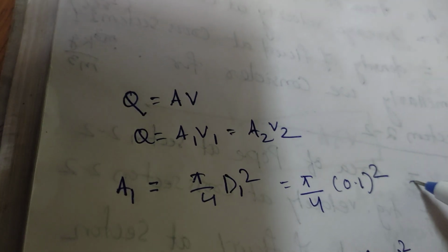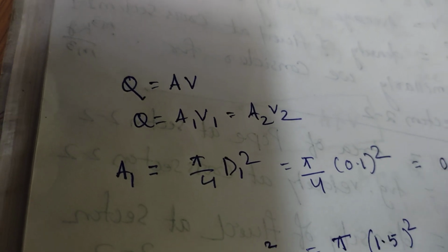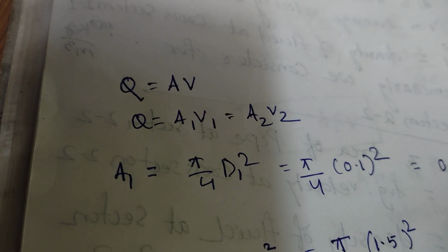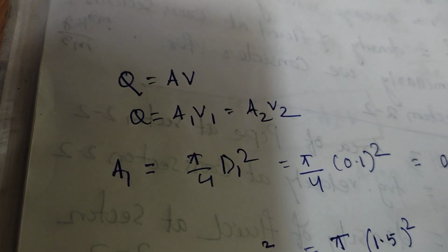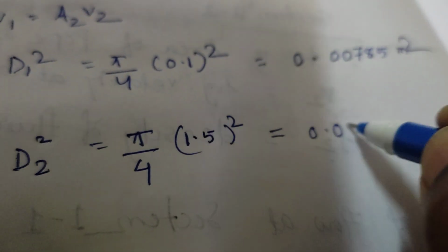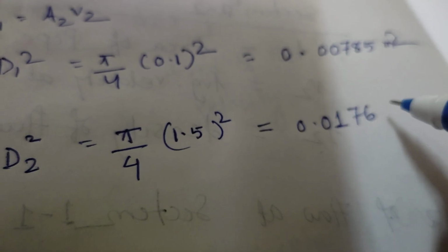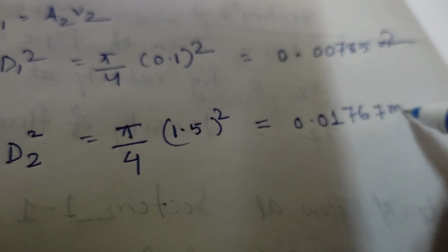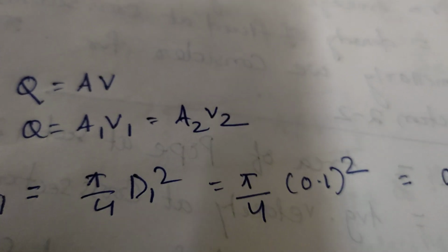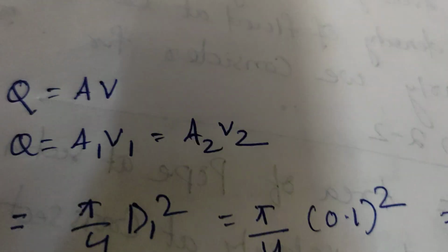After calculation we get the area A1 is 0.00785 meter square, and A2 equal to 0.0176 meter square.